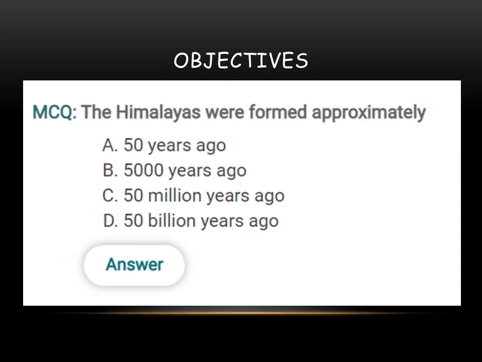Then the next one is: the Himalayas were formed approximately A, 50 years ago, B, 5,000 years ago, C, 50 million years ago, and D, 50 billion years ago. The answer is C again, 50 million years ago.